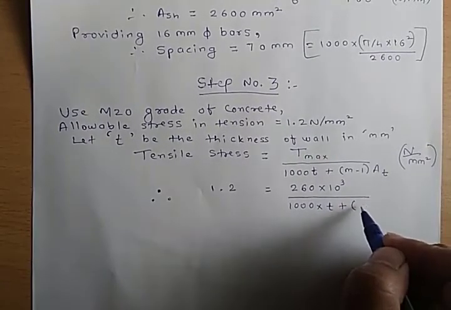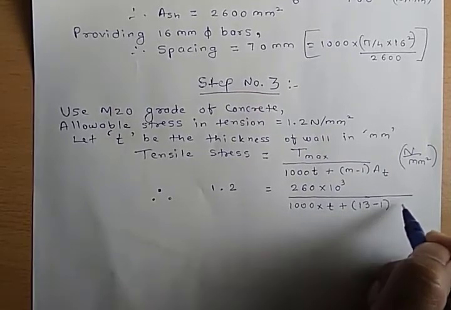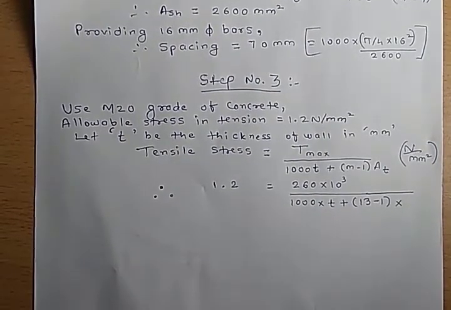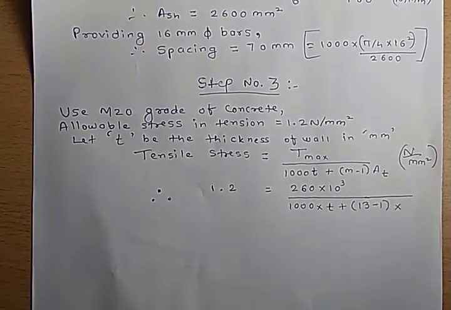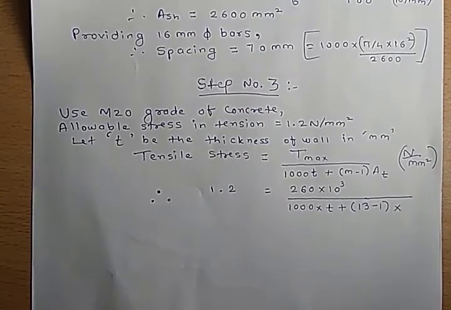Then 1000 T plus modular ratio for M20 grade of concrete, which is 13, multiplied by the steel we have provided, that is 16 mm diameter bar at 70 mm center to center.